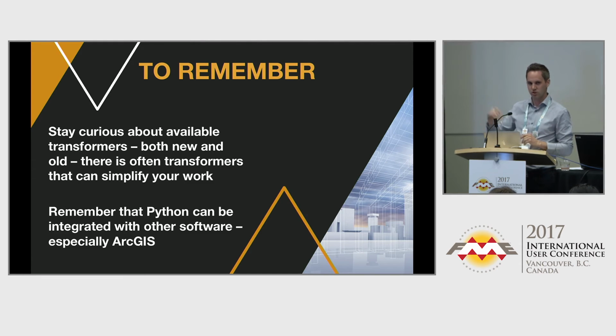I sometimes just tend to go up and all the way down and figure out if there's any new transformers, because not all of them are actually published when you publish a new version of FME. And sometimes it could be, I mean, they publish a transformer today, but you don't have a project until 5 years where you actually need it, so you need to refresh yourself. So stay curious about both old and new transformers.